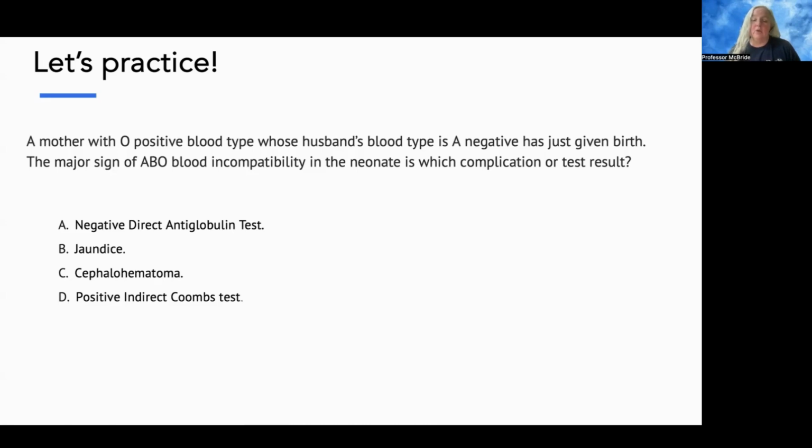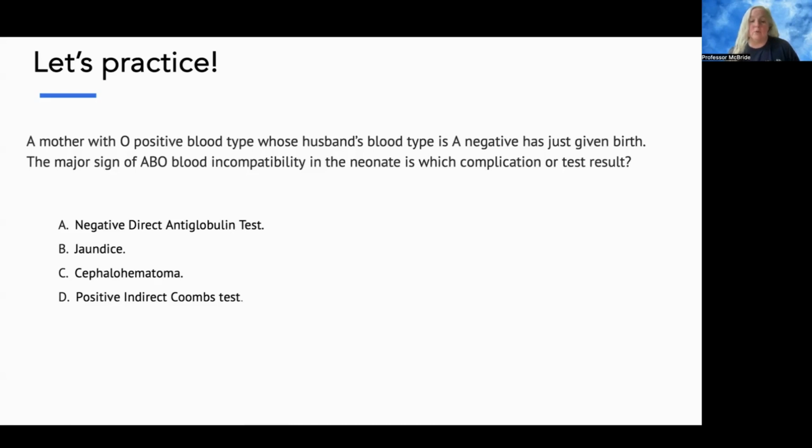Jaundice. We know that if the antibodies are on the baby's red blood cells and they're breaking down the red blood cells, it's releasing bilirubin, which can cause jaundice. So that is potentially the correct answer. Cephalohematoma is a collection of blood that can happen in the baby's head. This is not related to ABO incompatibility.